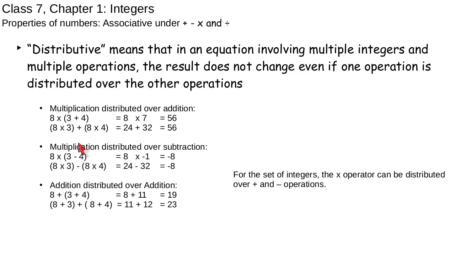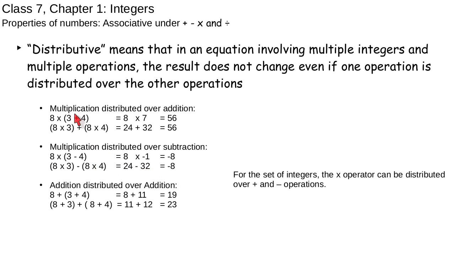When you distribute the multiplication over the subtraction, look at what we get. This 8 has been distributed to 3 and 4 by opening the bracket without doing the subtraction. So now we have 8 into 3 minus 8 into 4. This results in 24 minus 32, which is also minus 8.